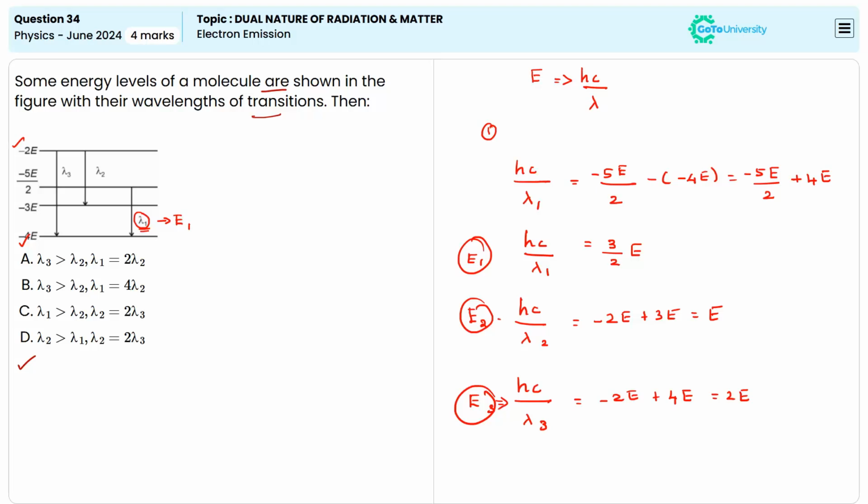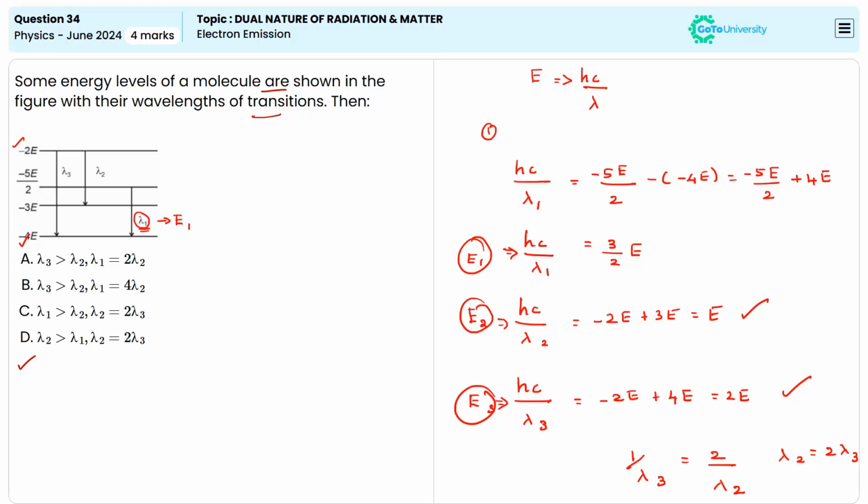So now we have a relation between energy and lambda. By comparing energy 2 and energy 3, we can say 1 over lambda 3 will be equal to 2 over lambda 2. So here we can write lambda 2 is equal to 2 lambda 3.